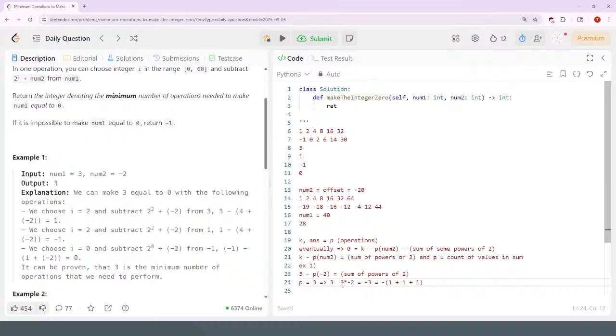Minus -6 ends up being +9. And the sum of powers of 2 to get 9 would be 3 numbers whose sum adds up to 9, would be 1 plus 8 plus 0. No, 0 is not a power of 2. 1 plus 4 plus 4.